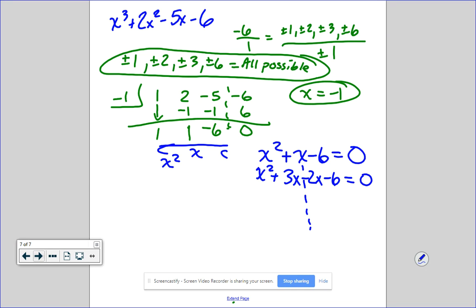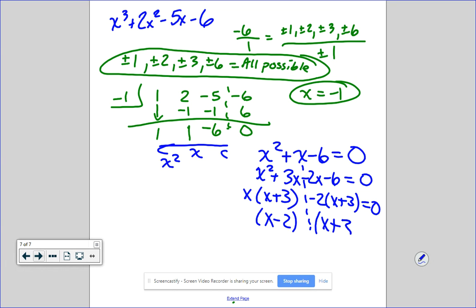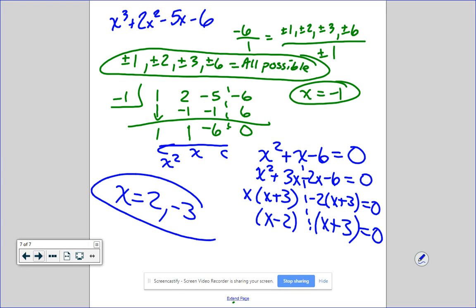Split: x plus 3, negative 2, x plus 3. x minus 2, x plus 3. So my roots are 2 and negative 3.